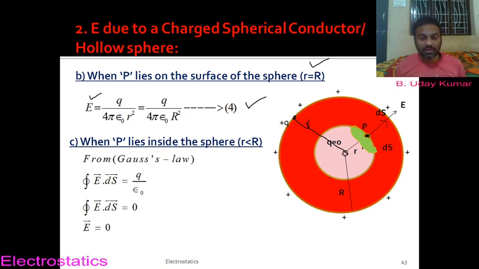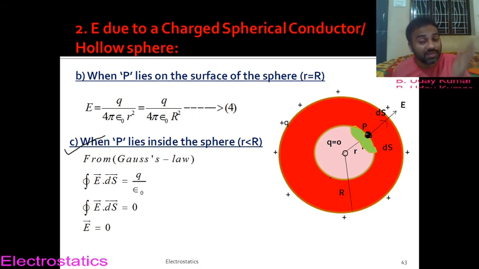Now let us try to find the electric field intensity at a point P which is inside the sphere. This diagram represents the third case. This is our charged spherical conductor, denoted with the red color. Now point P is present inside the sphere.